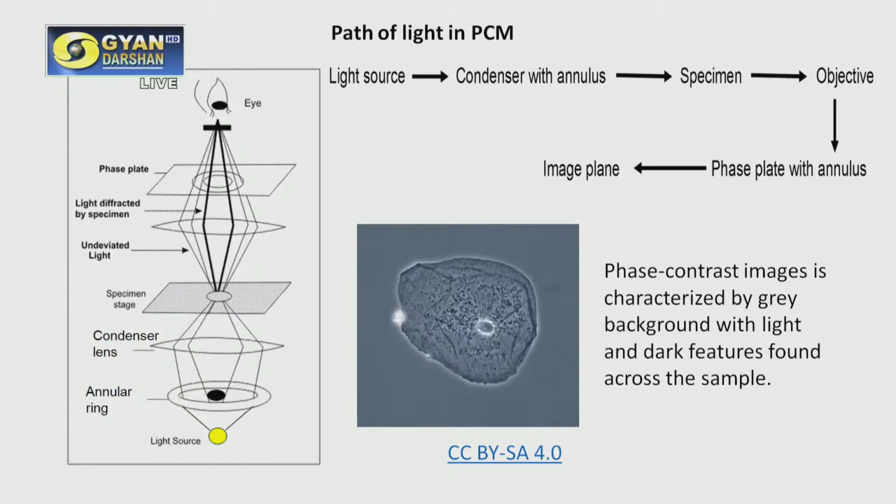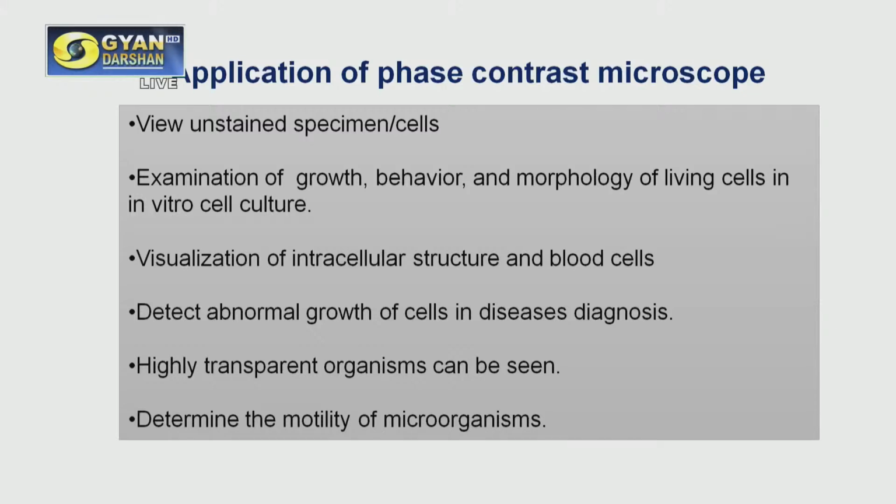The important thing is that the phase contrast microscope produces a contrast image and does not need staining of the sample. We can see biological samples that are not stained, colorless and unstained. So these are the basic helpful features of the phase contrast microscope.